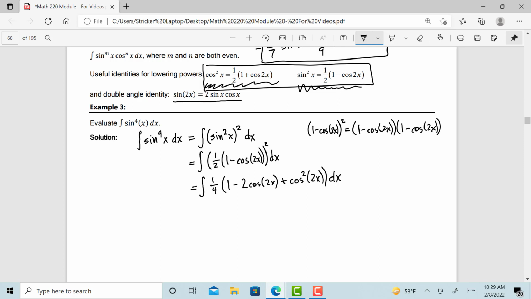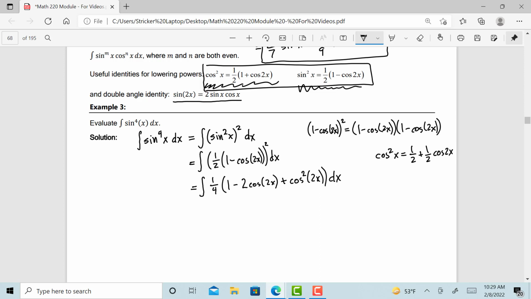So we're going to have to use these identities one more time. This time we're going to use the cosine one. We know that cosine squared x is equal to, if we distribute that 1/2, 1/2 plus 1/2 times cosine 2x.